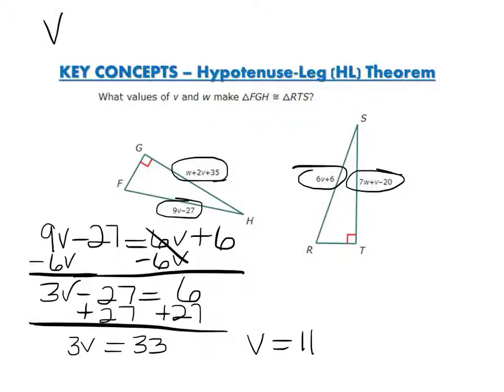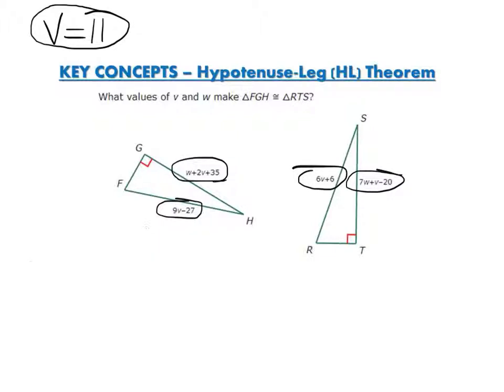Now I'm going to put V equals 11 right up here. Now that I know that V equals 11, I can start solving for W. I have W plus 2 times 11 is 22 plus 35 equals 7W plus 11 minus 20. I'm going to combine my numbers together.